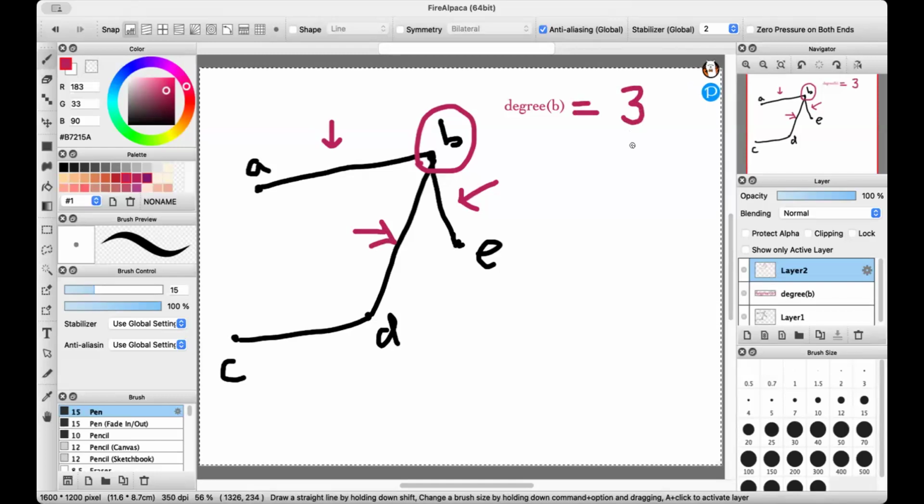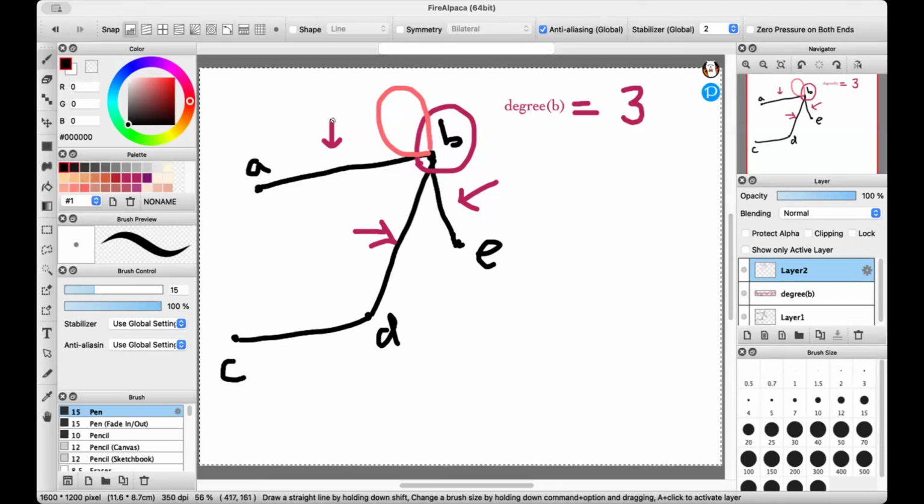Some further definitions. If I have a pseudograph, let me just add a loop to B. This loop contributes twice to my degree.